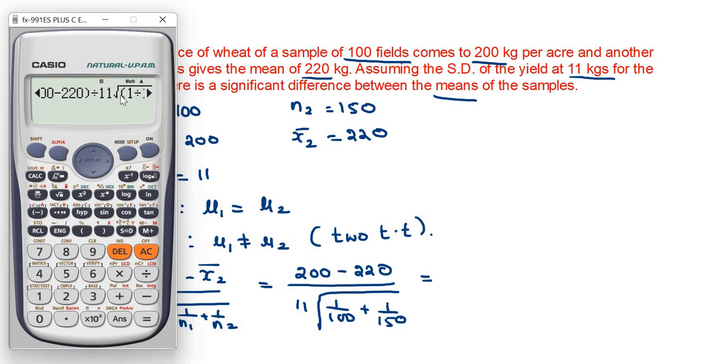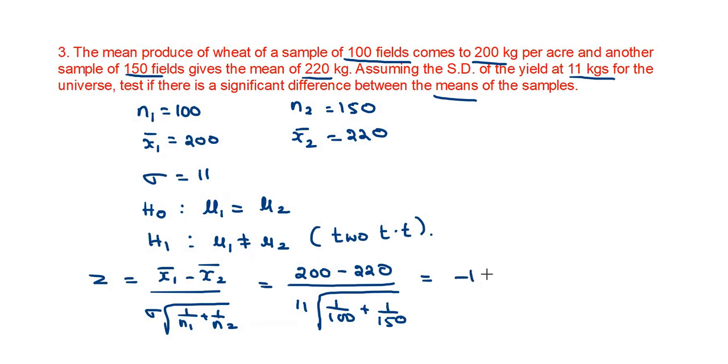One more bracket we'll put for this square root term. So now the value is minus 40 into root of 15 by 11. If you find the decimal point, it is minus 14.0835. So here two-tail test, we need mod Z.